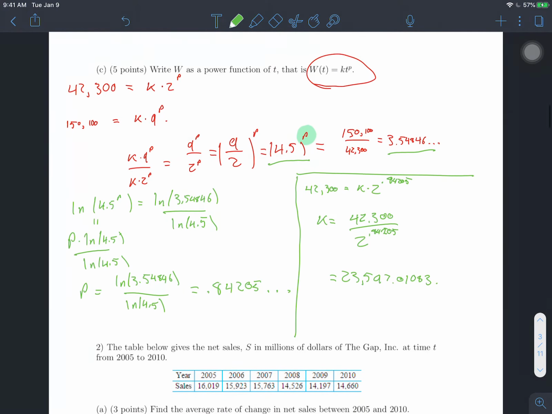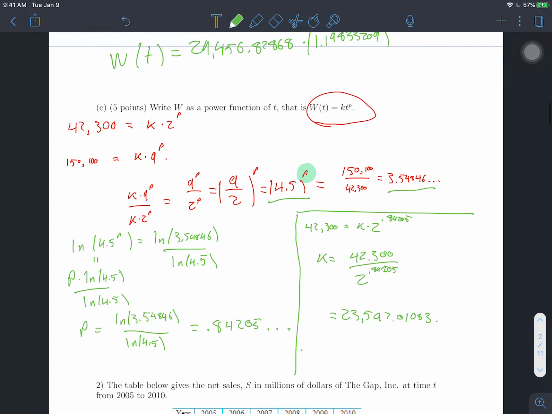And on this one here, we should get W of t equals 23,597.01083, that's our k, times t to the power p, where p is 0.84205.